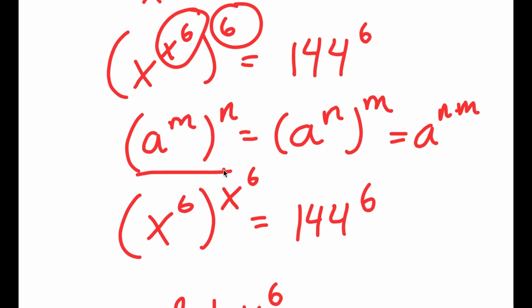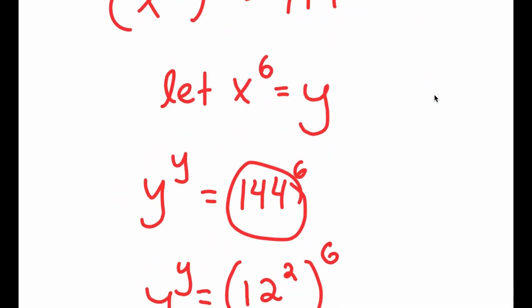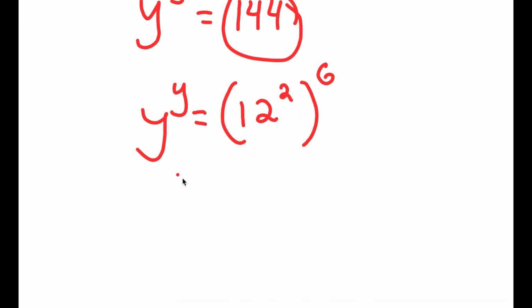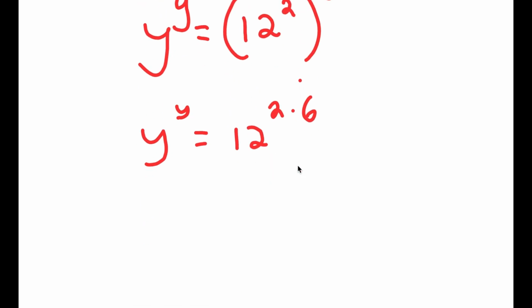If I have something in the form a to the power of m to the power of n, this is equal to a to the power of n to the power of m, as well as a to the power of n times m. So I have 12 to the power of 2 to the power of 6, and this is the same thing as 12 to the power of 2 times 6. And 2 times 6, that's equal to 12. So I have y to the power of y is equal to 12 to the power of 12.